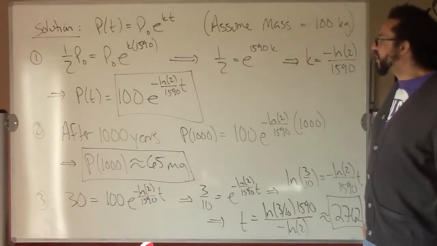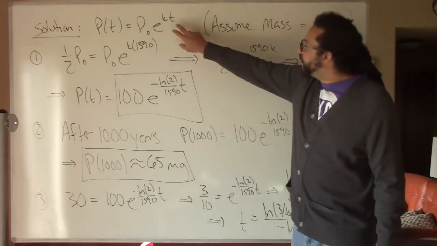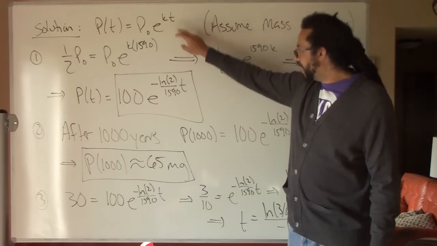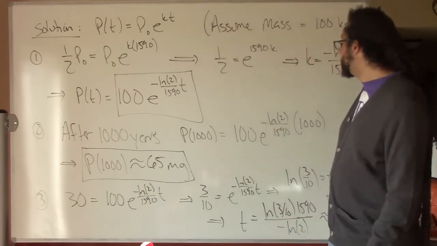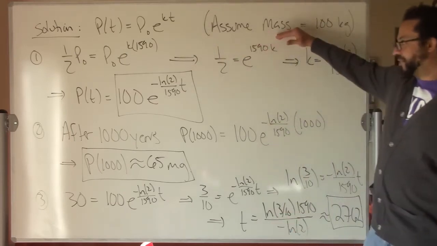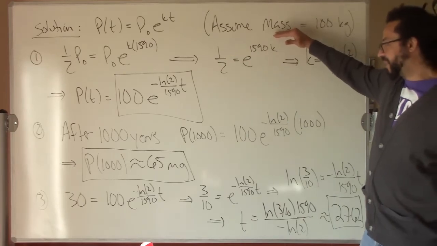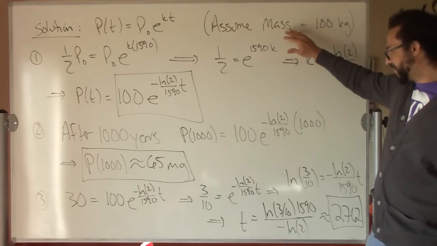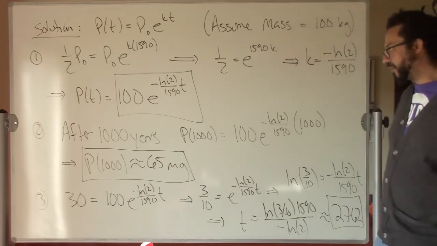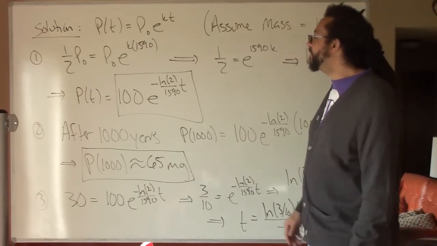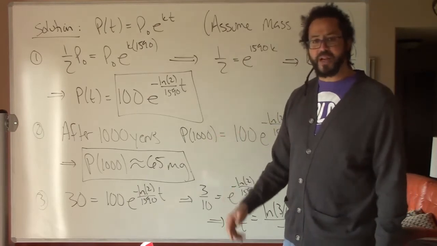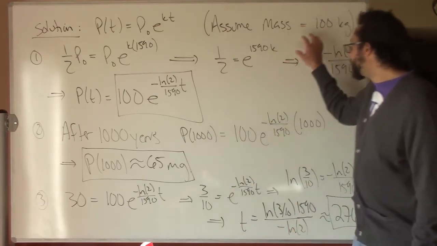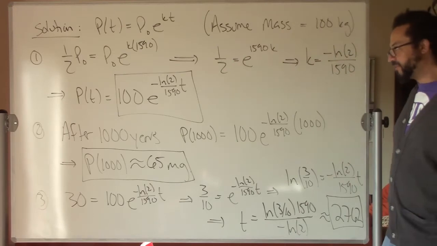All right, so the first thing we want to do is find the usual model for exponential growth or decay. I forgot to mention in the previous slide that in the problem we will assume that the initial mass of this radium is 100 kilograms. They tell us what the half-life is, and you really don't need the initial amount in order to find the half-life.